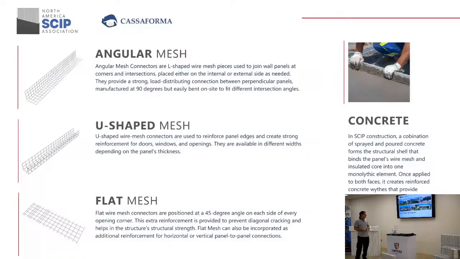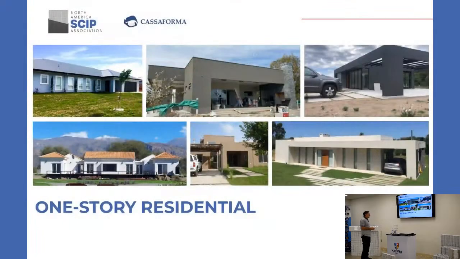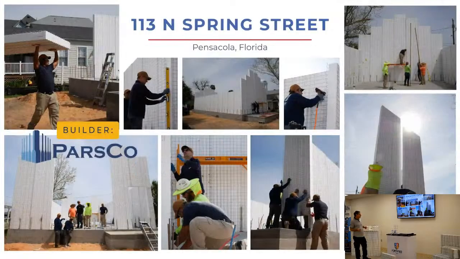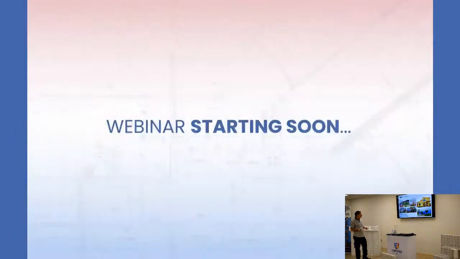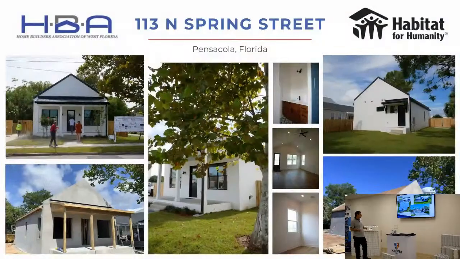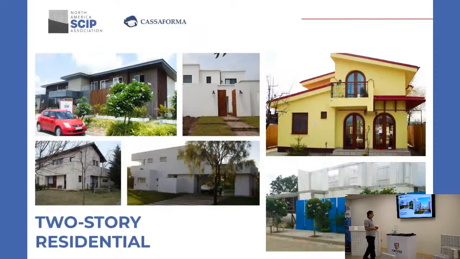Well, now we will see a lot of styles of houses that can be done. Well, one story houses here that have been done lately. See, the aesthetic varies a lot, and we can do this type of multi-level condos or whatever.